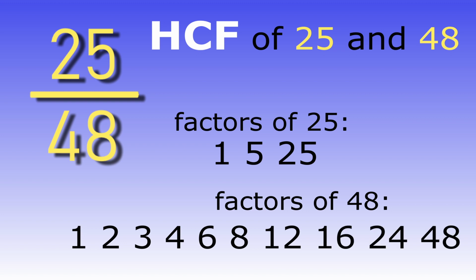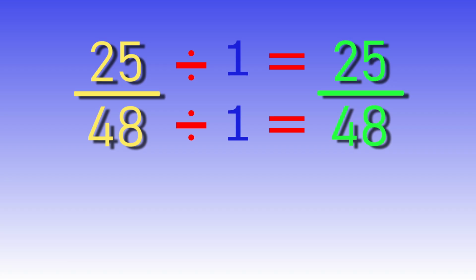What is the highest common factor? Well, the only number they share is 1, and if you divide any number by 1, it doesn't change. 25 divided by 1 equals 25, and 48 divided by 1 equals 48. Dividing by 1 will not reduce the fraction.